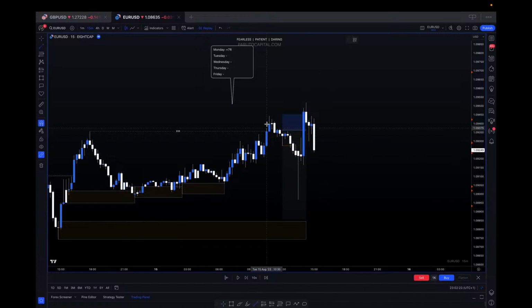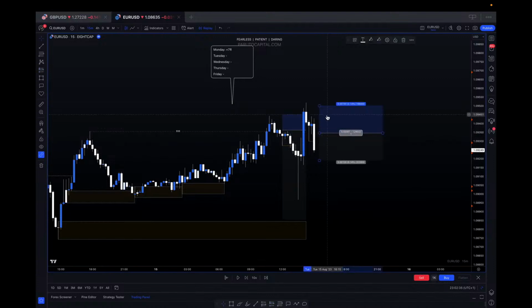So here we have, after price took out this high, a change of character still to the downside. Okay, and with this now we can put entry around this area, high, I'll put the stop right above this area.